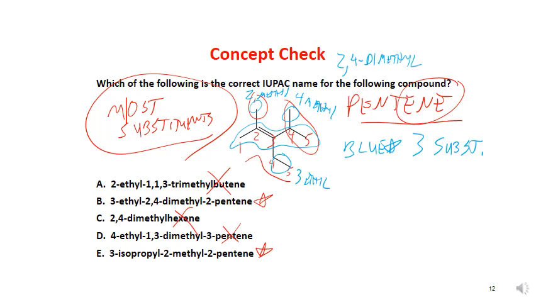And 2-methyl, 4-methyl means 2,4-dimethyl. And what comes first? Eth comes before meth, not the di, but the meth. And so that's why 3-ethyl-2,4-dimethyl-2-pentene is the right answer here.